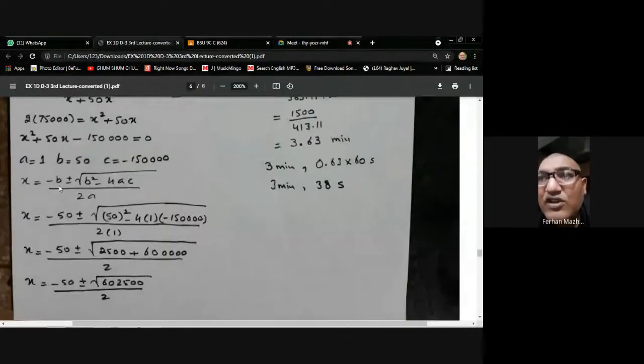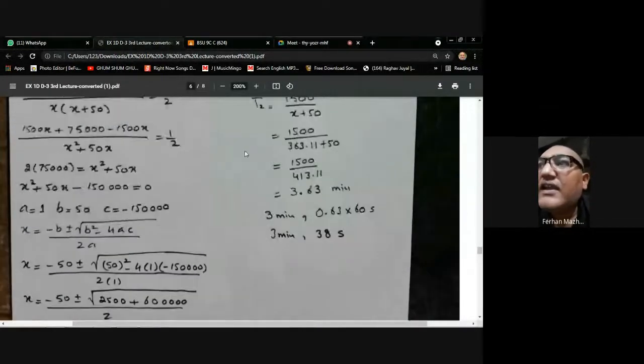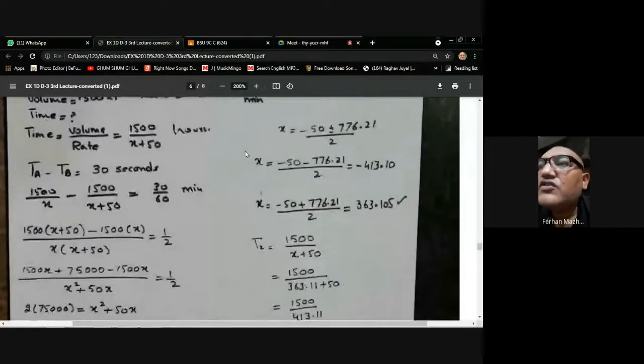I will substitute the values of a, b, and c here, and you can see I have entered the values. Now this minus will become plus, this will become 2500, and this will give you 600,000. So I will add them. I will get this. This is a game of calculator. You find the square root of this, and here you go.